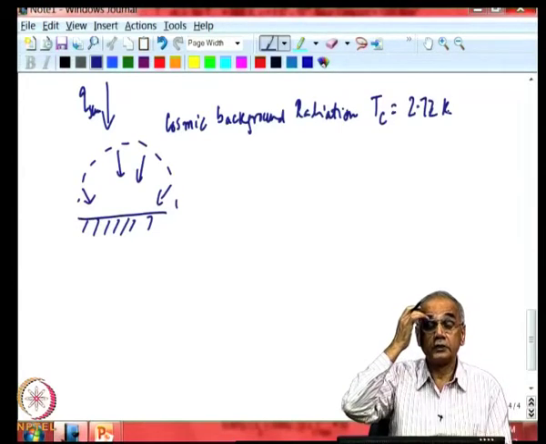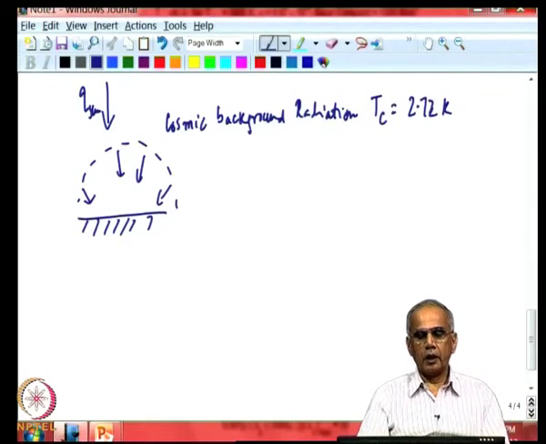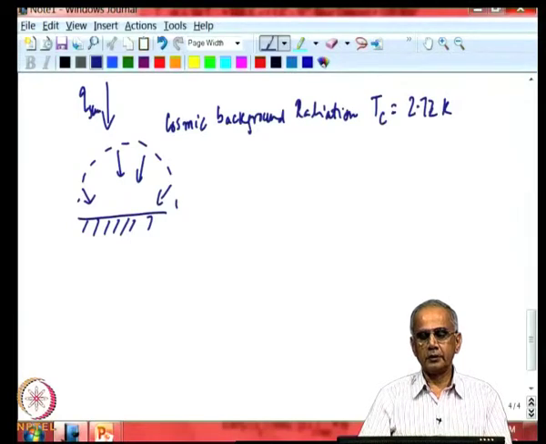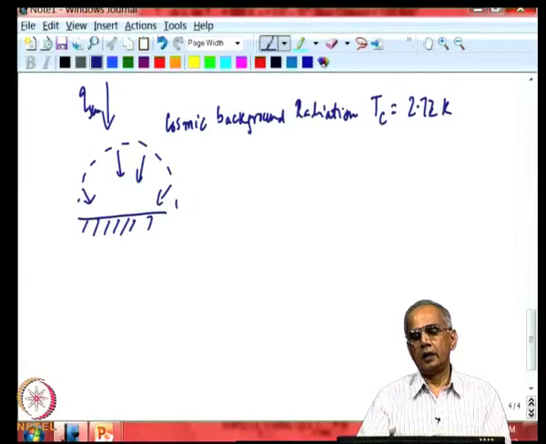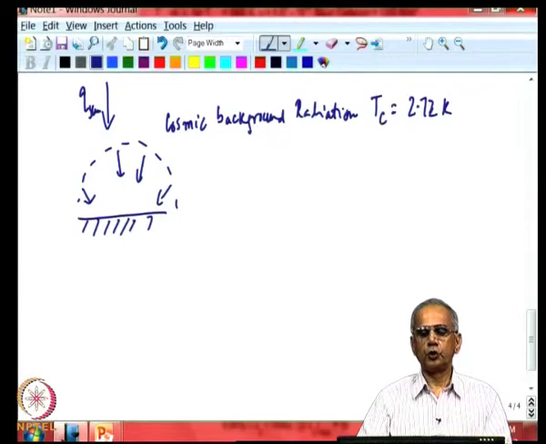This was discovered about 50 years ago, and this is radiation coming from all around from the universe, and it is very close to a black body at about 2.72. Normally, we will ignore such low temperatures, but in this example, where we are trying to keep the surface at low temperature, we have to account for it for completeness' sake.